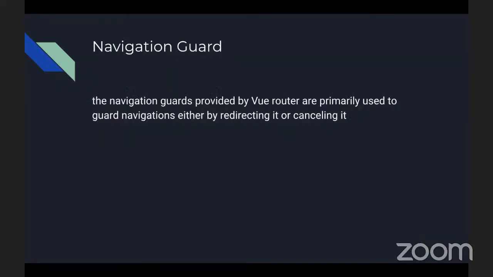So the next thing that changed for routing with the composition API was in-component guards. Before we talk about what in-component navigation guards are, you have to talk about navigation guards.